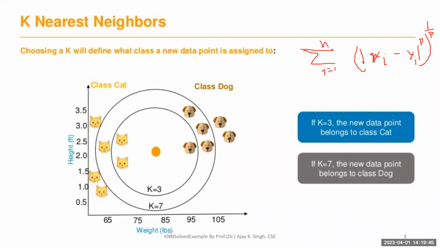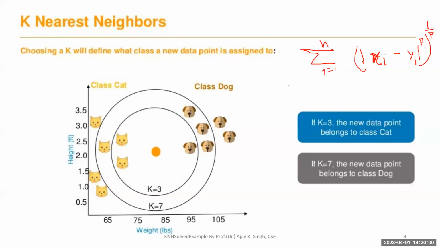Sometimes in interviews they ask when this Minkowski becomes Manhattan, or when it becomes Euclidean distance.